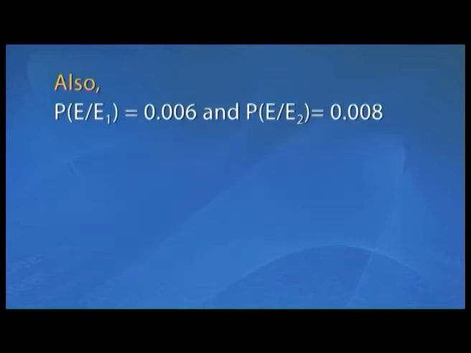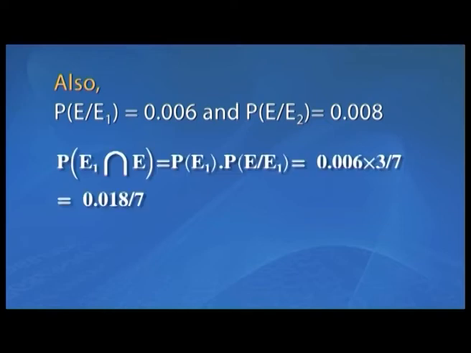Further, it is given that P of E given E1 is equal to 0.006 and P of E given E2 is equal to 0.008. P of E1 intersection E and P of E2 intersection E are the joint probabilities that the items are produced by the first and second plant and are defective.